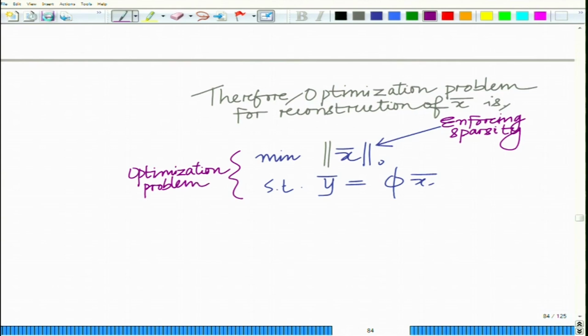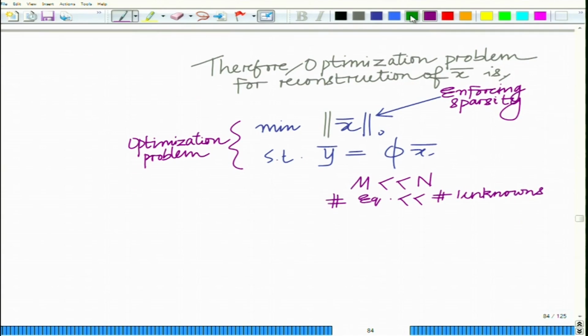And why do we need this? We need this because m, the number of equations, is less than or equal to n, which implies that the number of equations is less than or equal to the number of unknowns, and therefore one has to exploit sparsity.